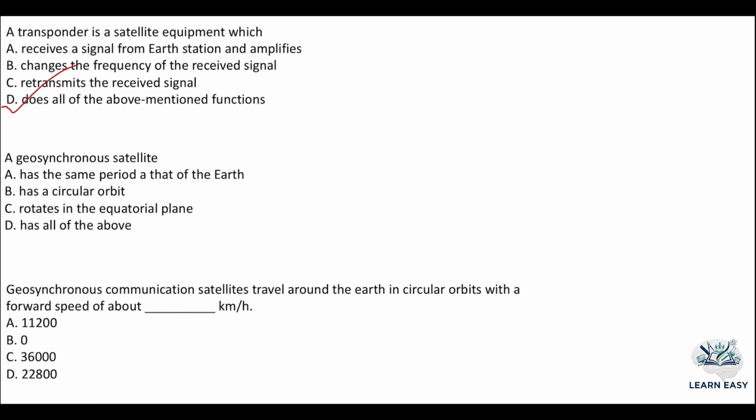So the answer is option D, all of the above. Next question. The geosynchronous communication satellites travel around the Earth in circular orbits with a forward speed of about dash km per hour. The answer is 11,200.